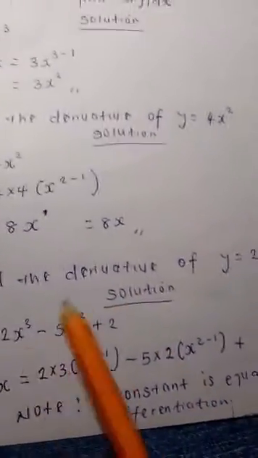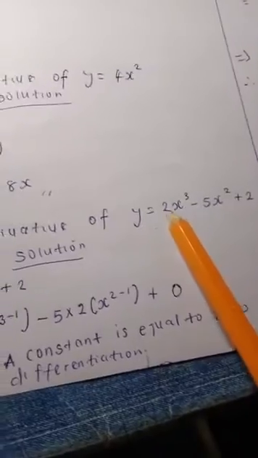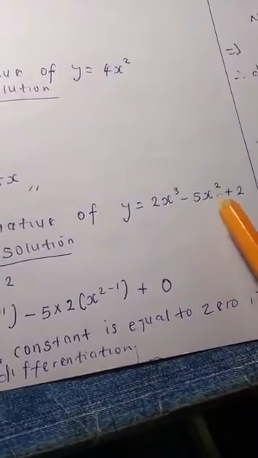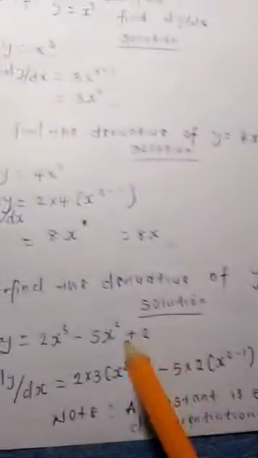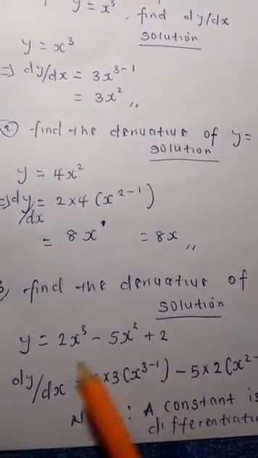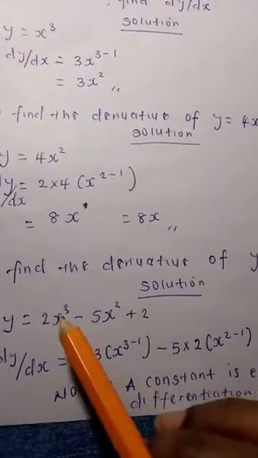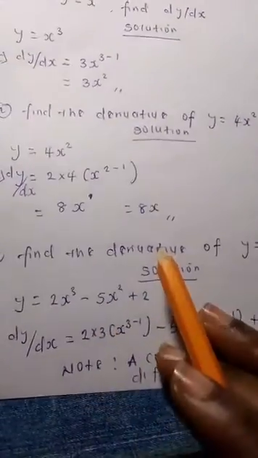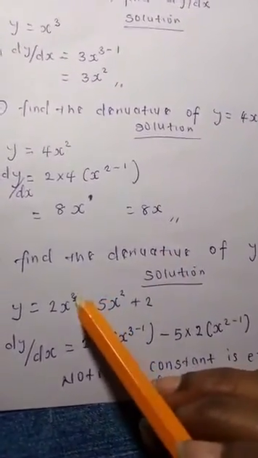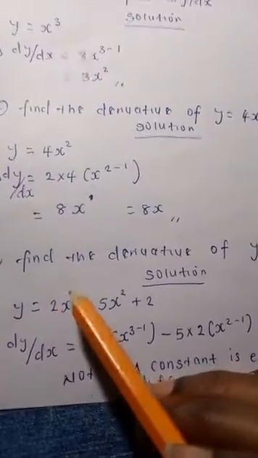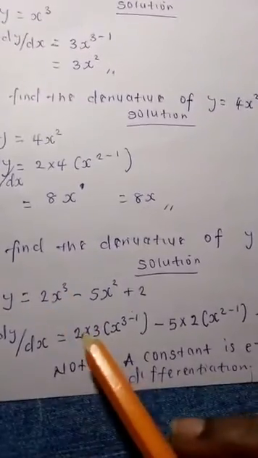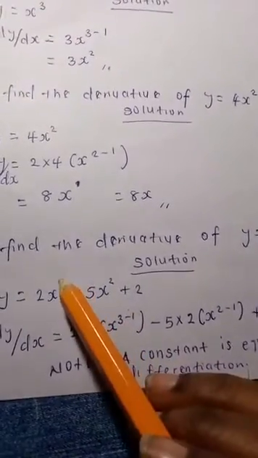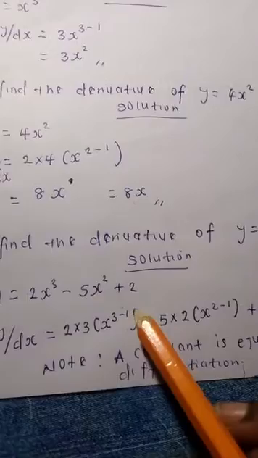Number 3 says find the derivative of y equals 3x cubed minus 5x squared plus 2. So for the solution, remember we are using the formula. This 3 will go down, and then 3 minus 1. That is 3 times 3, then x raised to power 3 minus 1 from the formula.